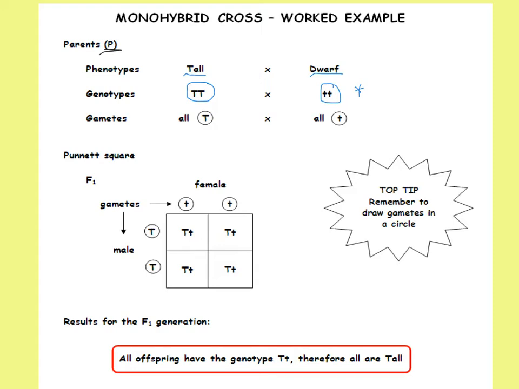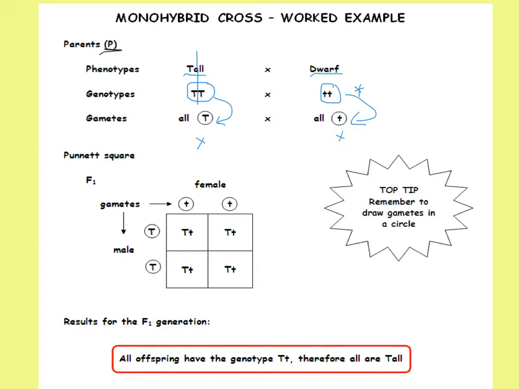But when we're looking at the gametes, that is when we're looking at the pollen that's there, or we're looking at the eggs that are there, then they have half the chromosome number. And so what is going to happen is that this is going to be halved, and the gametes can only have a large T in them, in this case over here, or a small t in them, in this case over here.